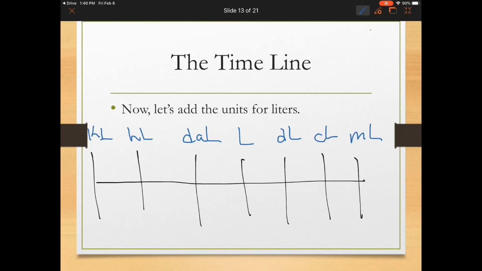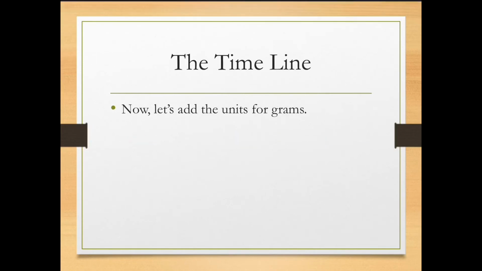And you don't have to put these on your timeline if you think that you don't need them. But they're there for your use and for you to convert easier if you think just looking at the prefixes isn't going to help you.